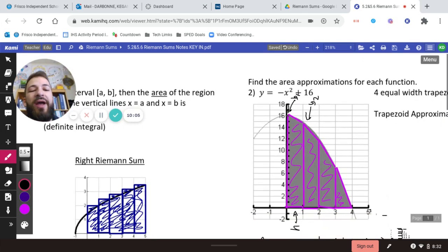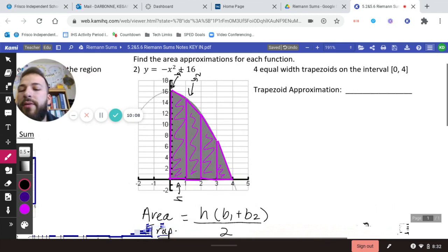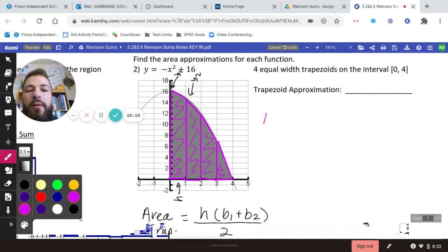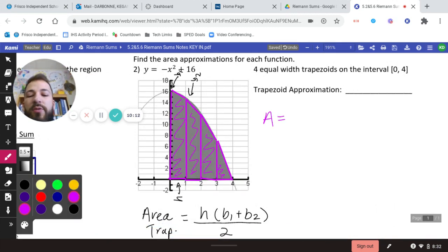So let's actually start writing out. So my area is equal to my first height, so 1.